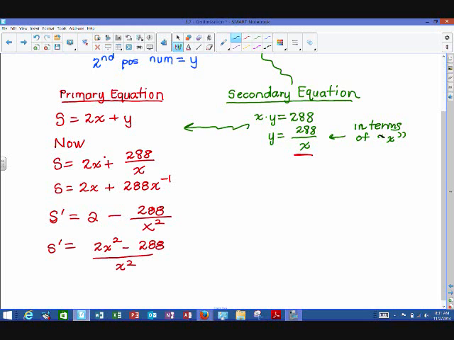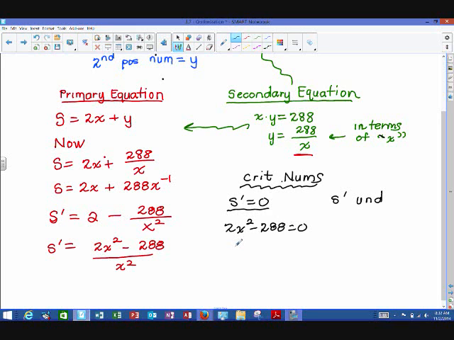It's critical number time. I'm going to slide over here, and we're going to recap the whole concept of critical numbers. Critical numbers will occur in this case when the derivative s prime is equal to 0, or possibly when s prime is undefined. That's very important to consider. So when is s prime equal to 0? That would be when the numerator 2x squared minus 288 is equal to 0.